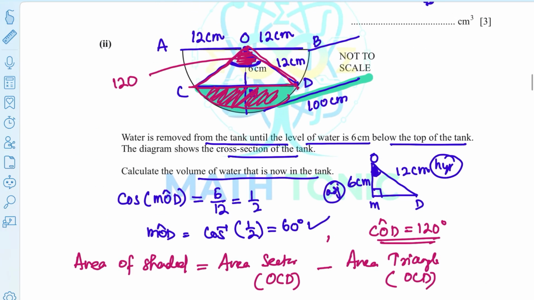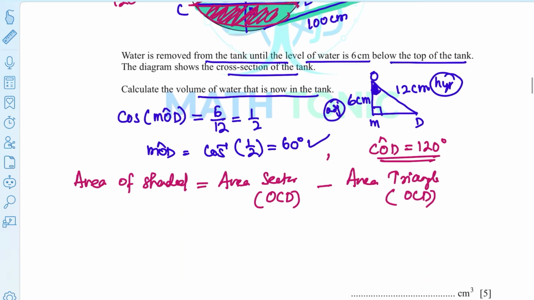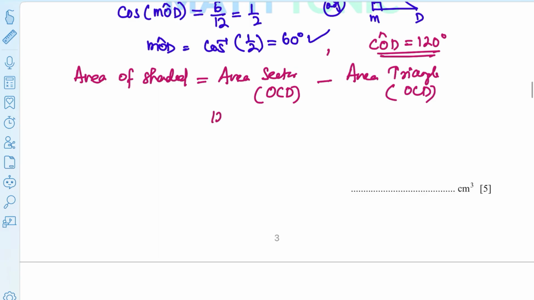So what is the formula to find the area of a sector? We know angle over 360 times pi r squared. So the angle we got is 120 over 360 times pi r squared. Radius is given 12. Be careful, it's 12 not 6. Pi r squared minus the area of a triangle, so half ab sin C.